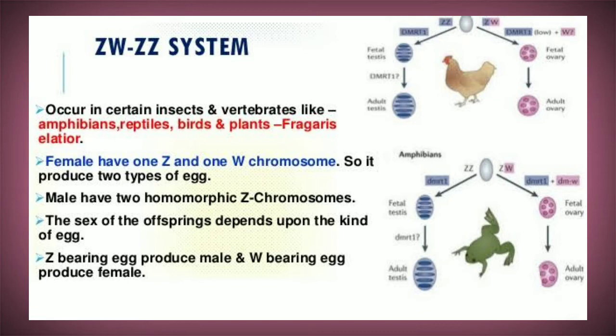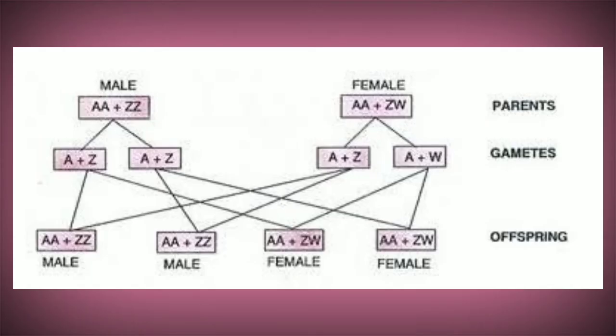So let's try to learn this with the help of this cross again. In this mechanism, the ovum determines the sex of the resultant offspring because all the sperms have the similar sex chromosome. Here AA is the autosome, ZW is the female sex chromosome, and ZZ is the male sex chromosome.